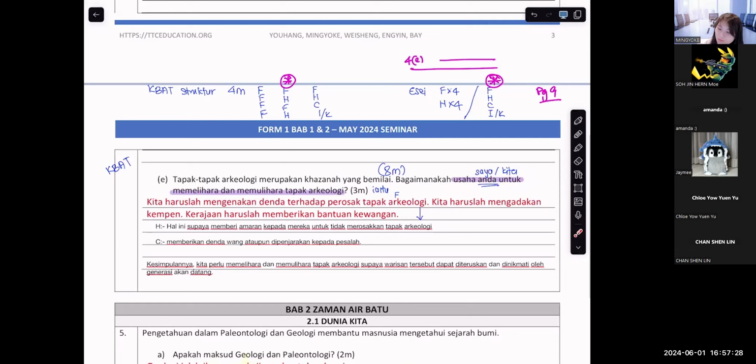So, usaha kita untuk memelihara dan memulihara tapak arkeologi, yaitu kita harus mengenakan denda terhadap perosak tapak arkeologi. Then you put huraian. Usually 'how ini' refers to huraian because 'how ini' refers to the previous sentence. 'How ini' supaya memberi amaran kepada mereka untuk tidak merosakkan tapak arkeologi. Contohnya memberikan denda wang atau dipenjarakan kepada pesalah.